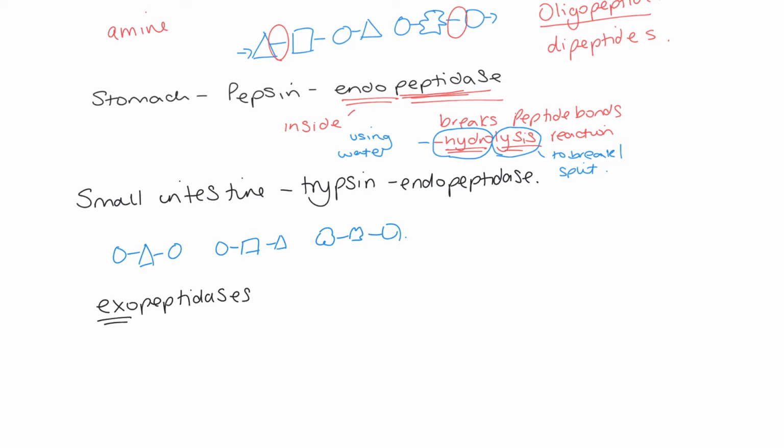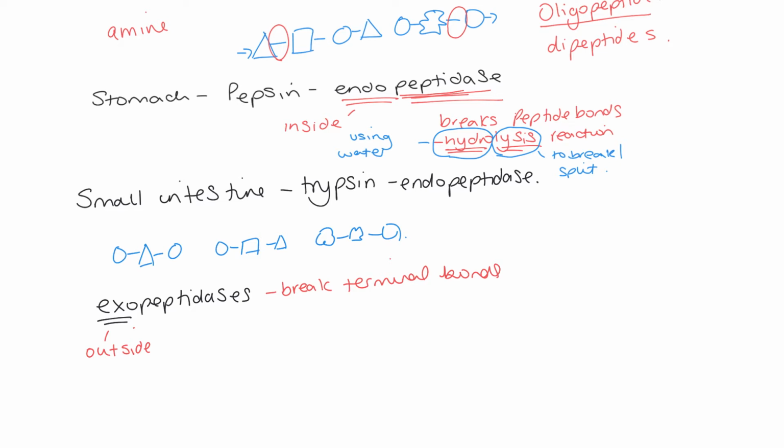Exo meaning outside. So exopeptidases break the terminal bonds in any peptide chain. What do we mean by the terminal bonds? We mean the ones on the end.